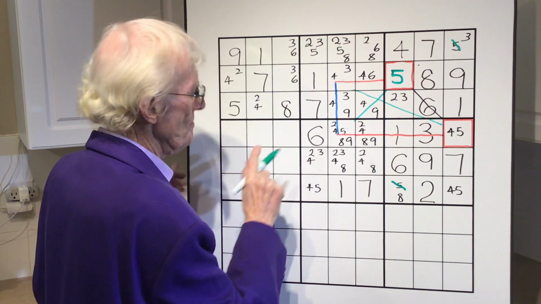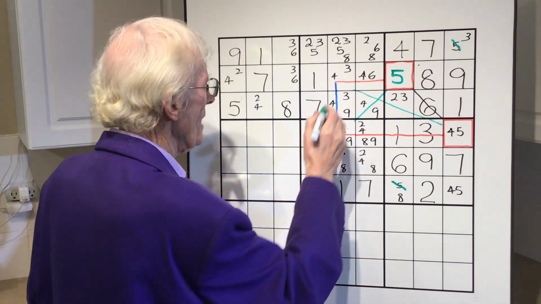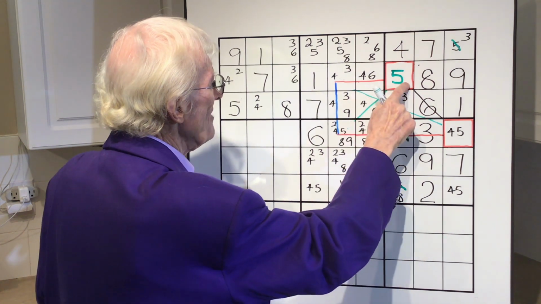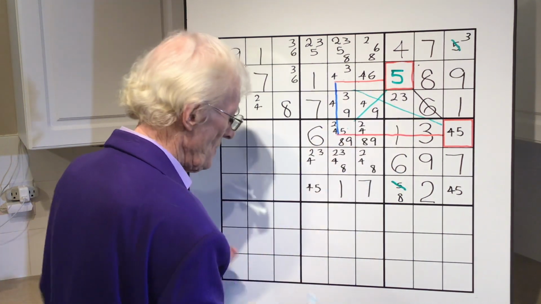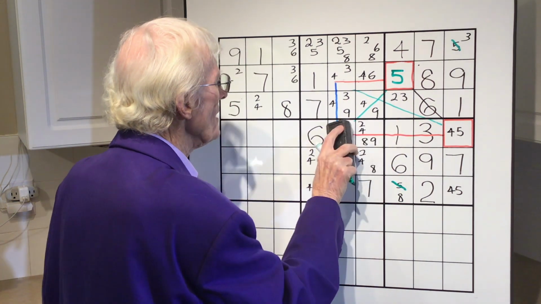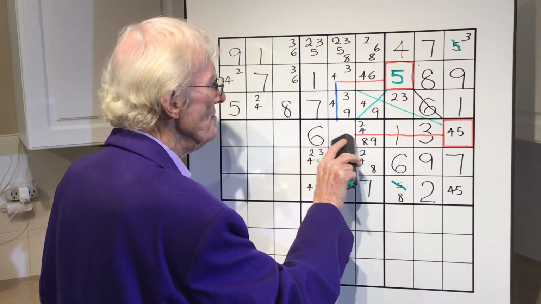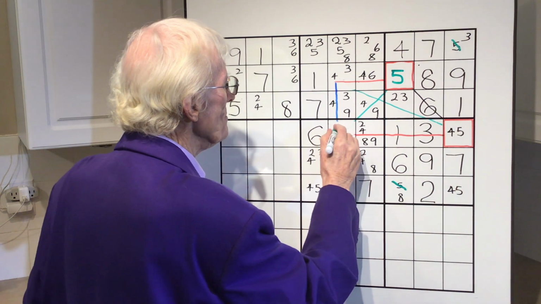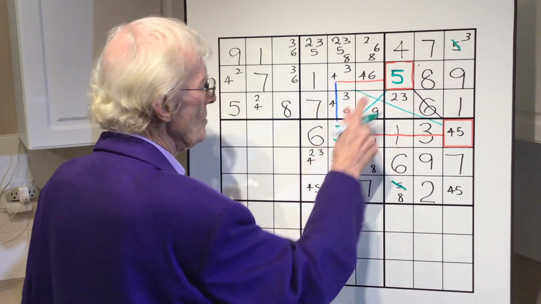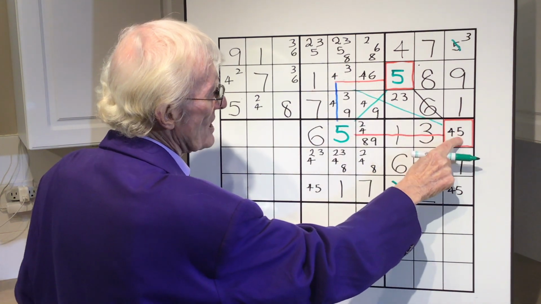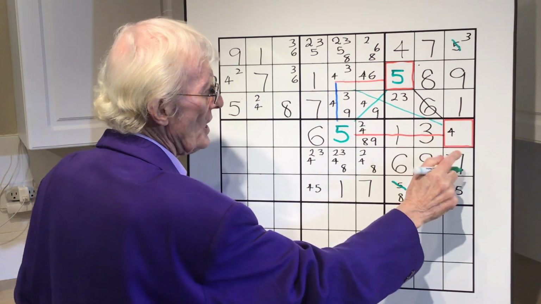So that goes. Well, I should have crossed it out. Okay, that's gone. This 5 means that this becomes a big 5, so I can get rid of all those little numbers and put a big 5 in there. There we go. Because that's the rule, the diagonal. This 5 is gone. Now this 5 has to go. We can cross out that 5 and you're left with a 4.